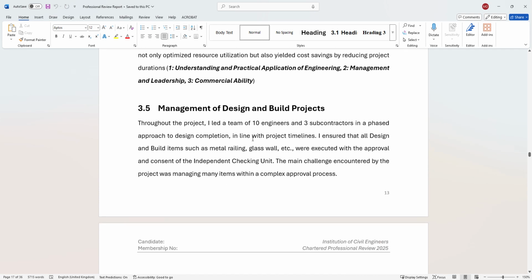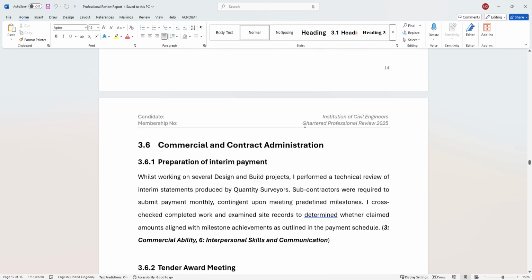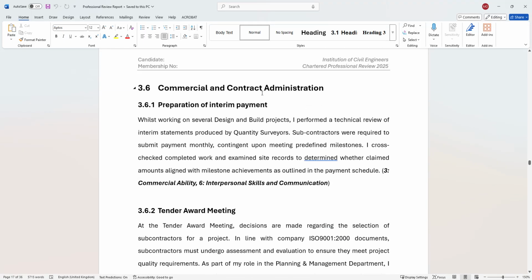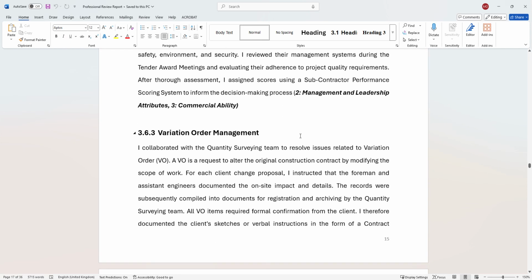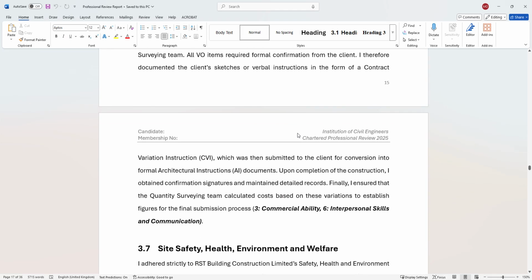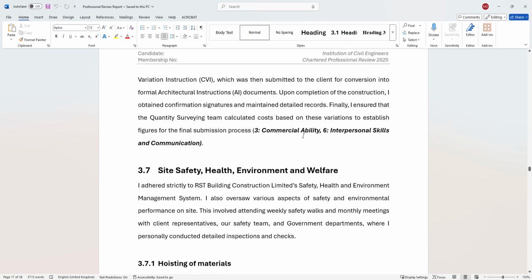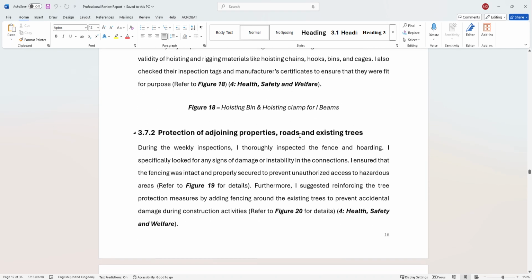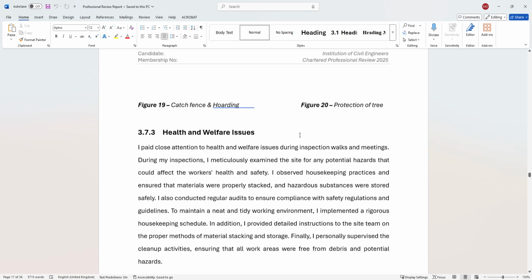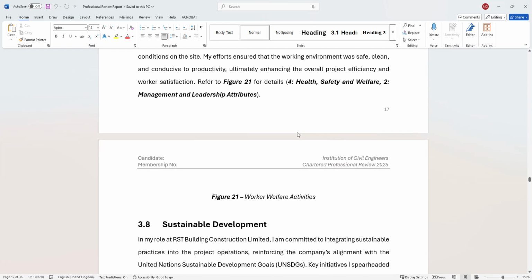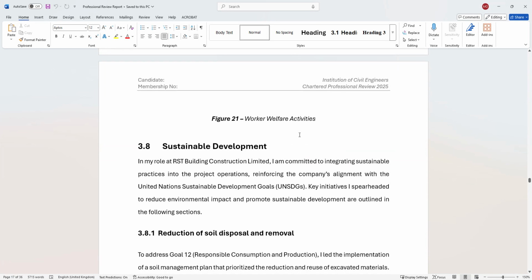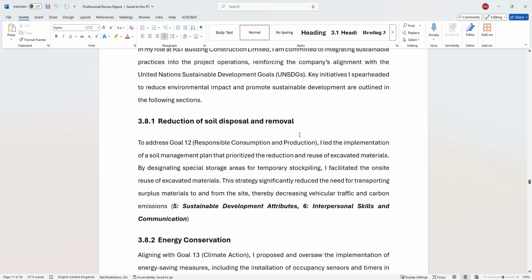Improvement of productivity, management of design and build projects, commercial and contract administration under section 3.6, variation order management, so that's plenty of commercial. 3.7 is on site safety, health and environment. And it continues. Sustainable development under section 3.8.